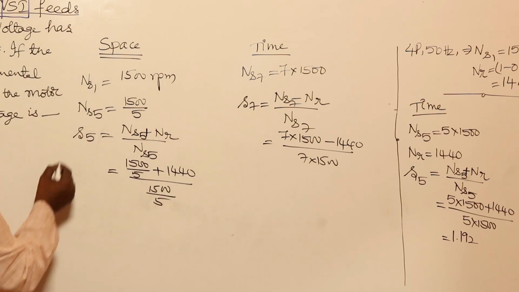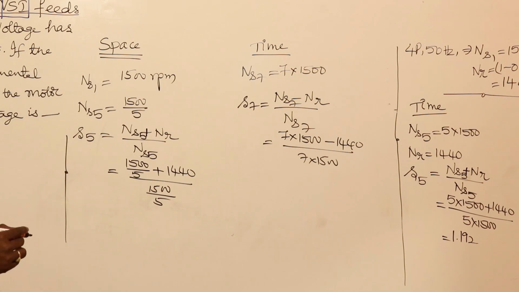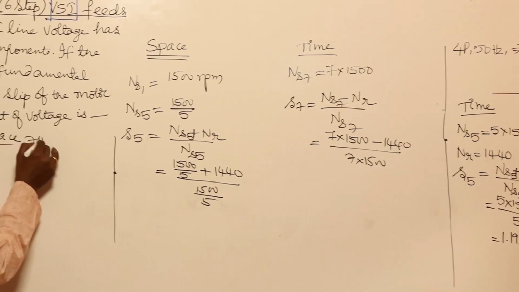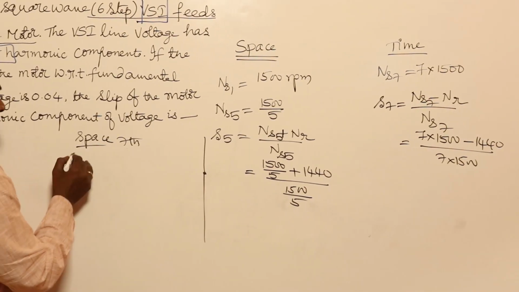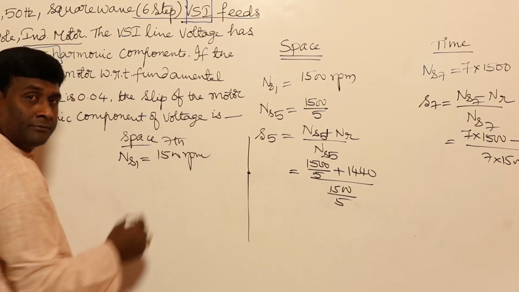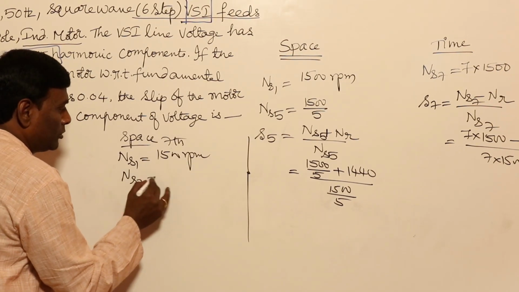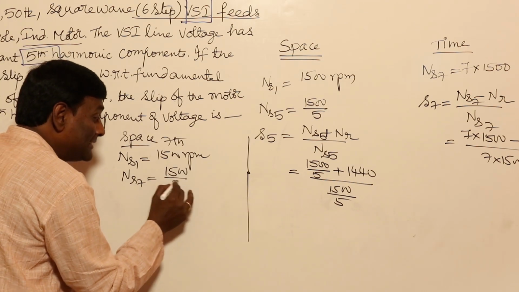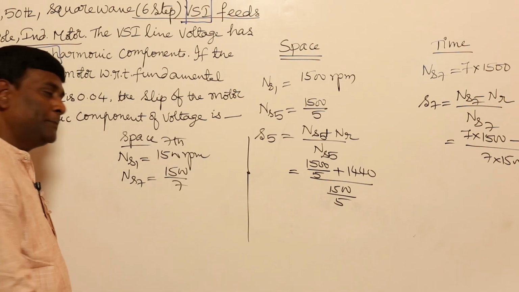Next, for example, if they ask you space, seventh. Okay, space 7. Now what is the fundamental? ns1 equal to 1500 rpm and ns7 equal to 1500 by 7 because it is space.